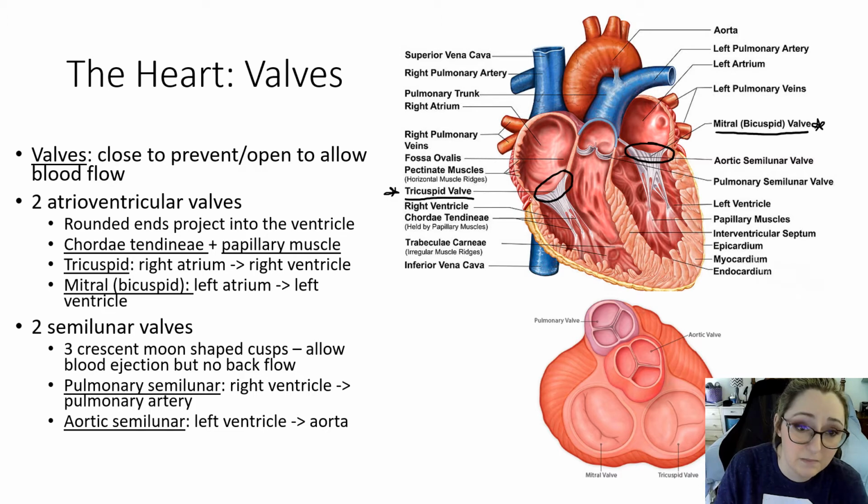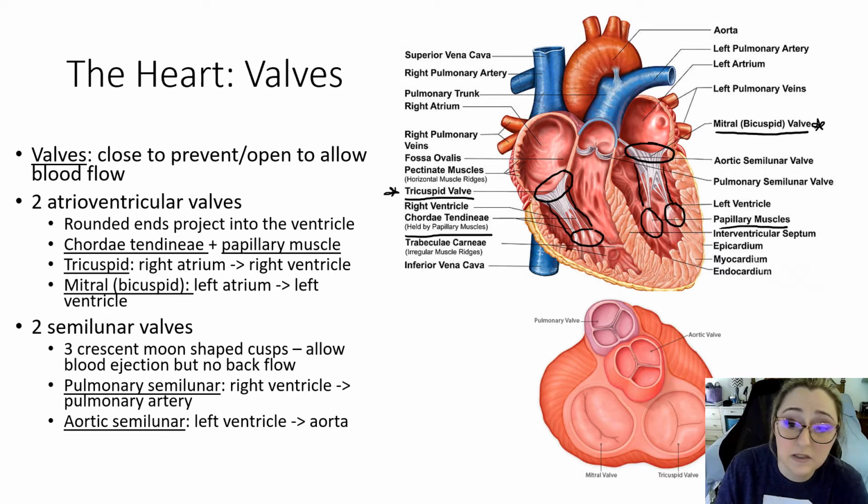Now, what's kind of important is what is attached to these valves, and that is your papillary muscles and the chordae tendineae. The papillary muscles are these little projections that you can see within the ventricle. And then the chordae tendineae are these stringy bits that are connecting the valve and the muscle.